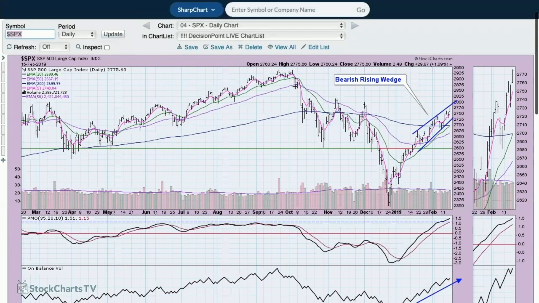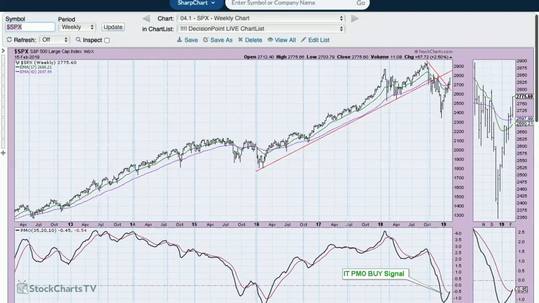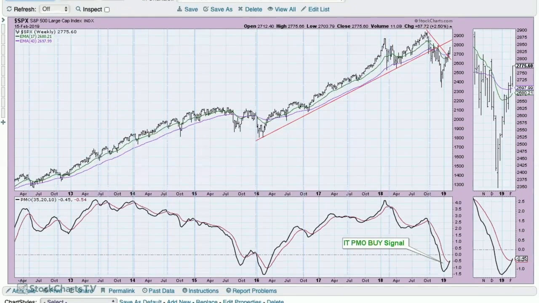All righty. Weekly chart. Again, we've continued to trade now above that declining tops trend line. So the major decline that we were looking at as far as the trend in the intermediate term, it's been broken now on all of these major indexes. And there you go, an IT PMO buy signal has appeared as well.